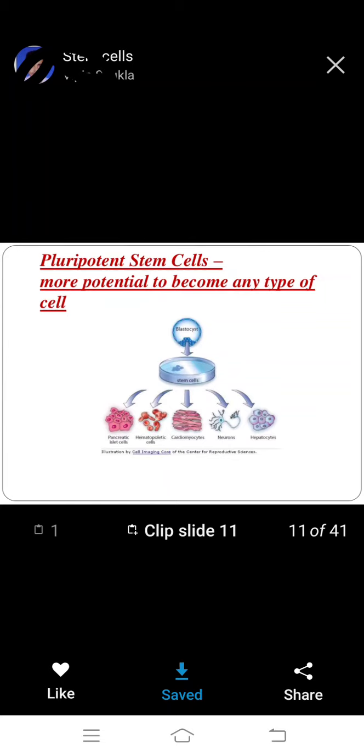What is pluripotent? Pluripotent is different from the totipotent. The cells that can be modified into all other types of cells, all other types of cells except placenta, are known as pluripotent.